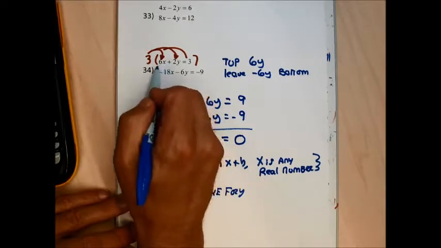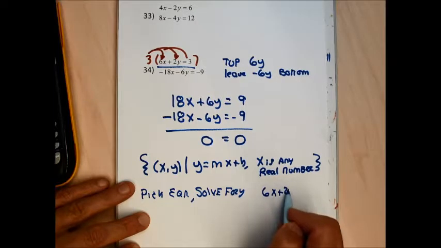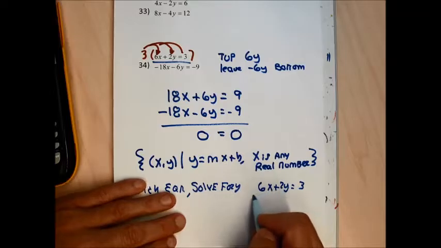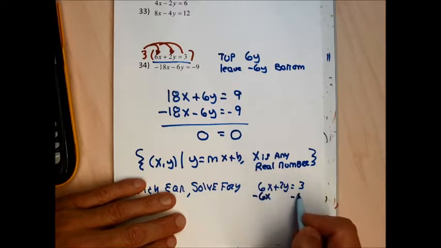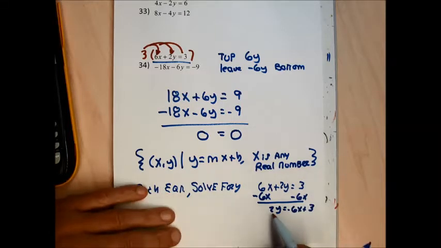I'm going to take this top equation before I did anything and solve it for y, because that looks easy to do. So that's 6x plus 2y equal to 3. I'm going to minus 6x from both sides and get 2y equals minus 6x plus 3. And then divide by 2, divide by 2, divide by 2.